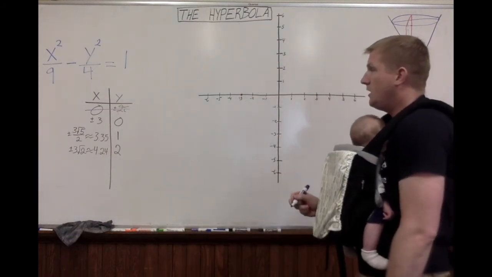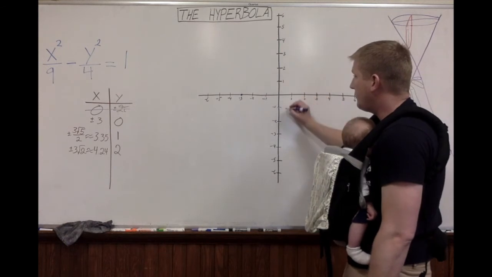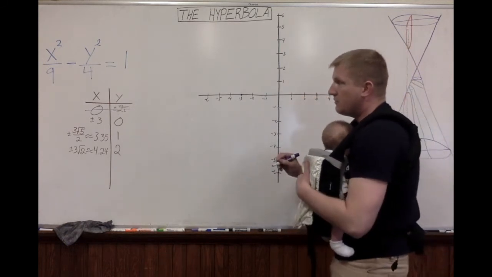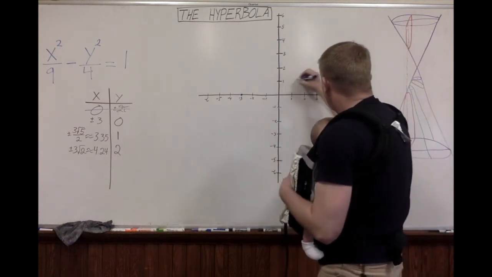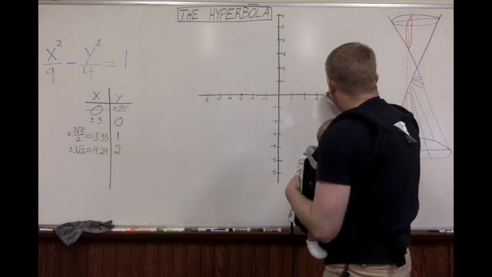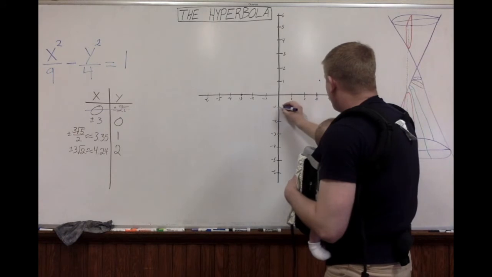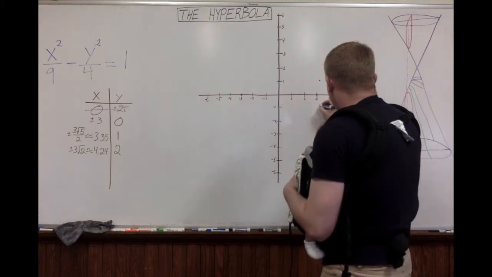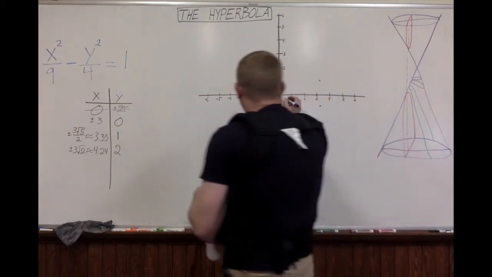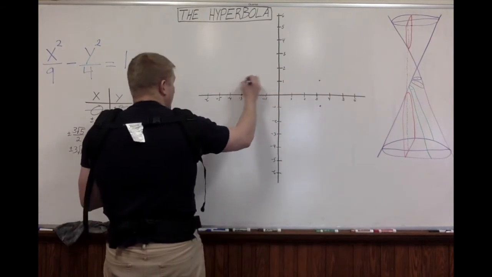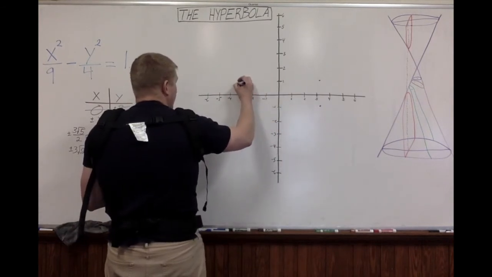And when y is 1, and also negative 1, we're going to get x equaling 3 1/3. So 3 1/3, so right around there-ish. And likewise for negative 1. And negative 3 1/3.